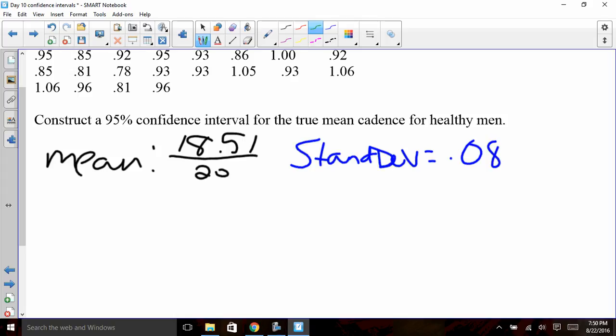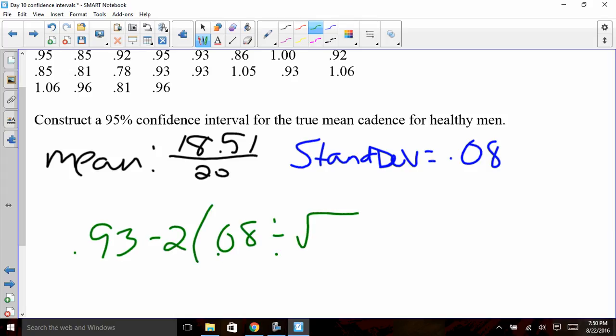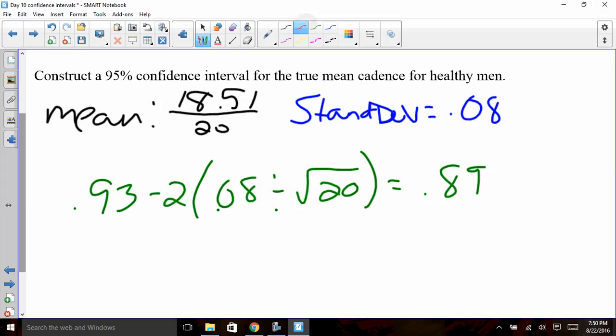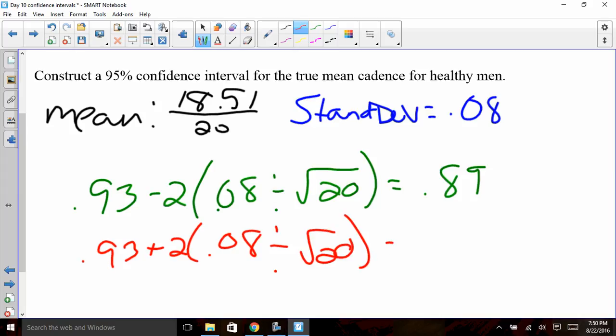So we need to find our upper and our lower bounds. So we have 0.93 minus 2 times 0.08 divided by the square root of 20, which gives me 0.89. And then same kind of idea, 0.93 plus 2 times 0.08 divided by the square root of 20, which gives me 0.97.